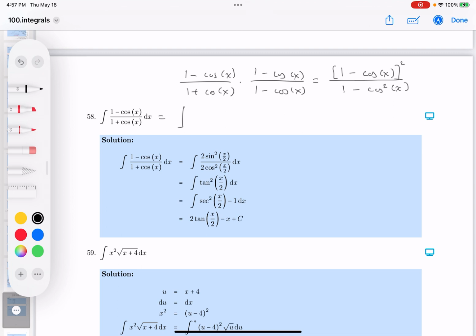What do I get over here? I'm going to expand the top out. I'll talk about the key later, by the way. 1 minus 2 cosine x plus cosine squared x. All right, that's not so bad. What do you get in bottom? Well, the 1 minus cosine squared is going to be sine squared.